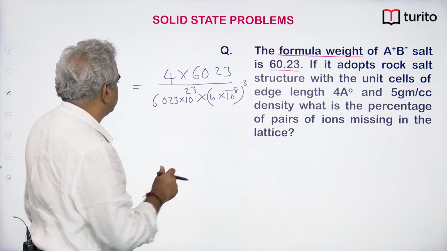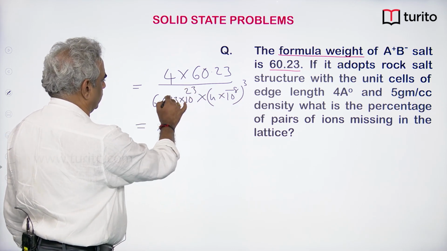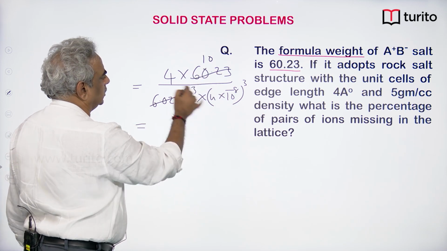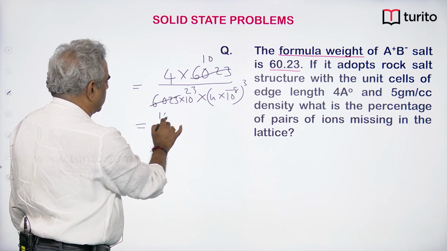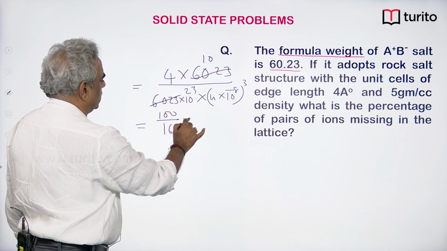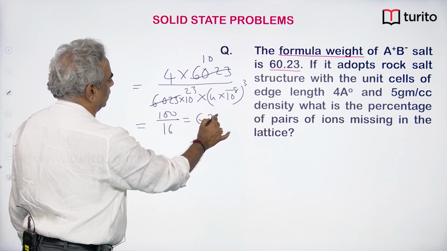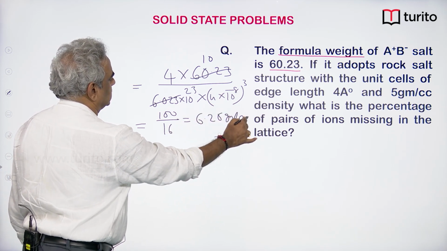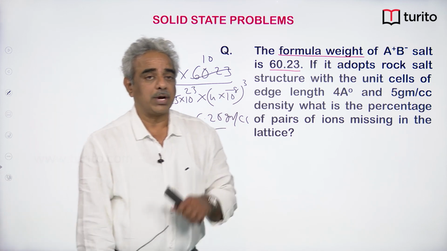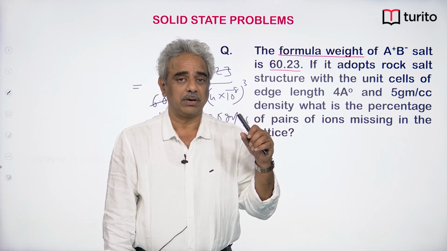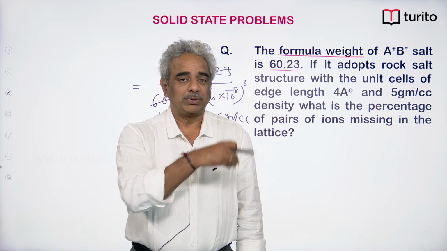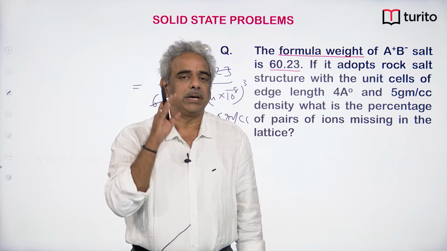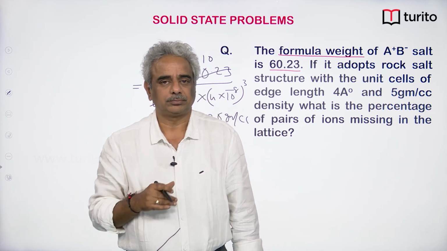So, if you calculate this, how much did you get? Of course, this goes 10 times and all. So, 64 you will get 100 by 16, which gives 6.25 grams per cc. 6.25 grams per cc would have been the density had it been an ideal crystal.